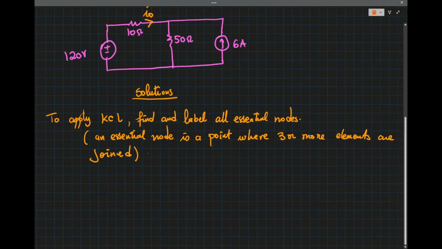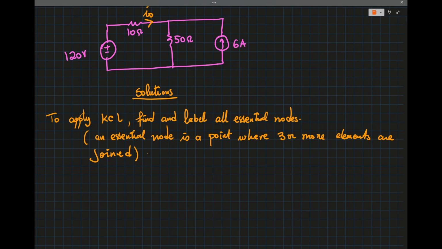The steps will lead you to a minimal set of equations, and that will lead you to solving for the current easily.